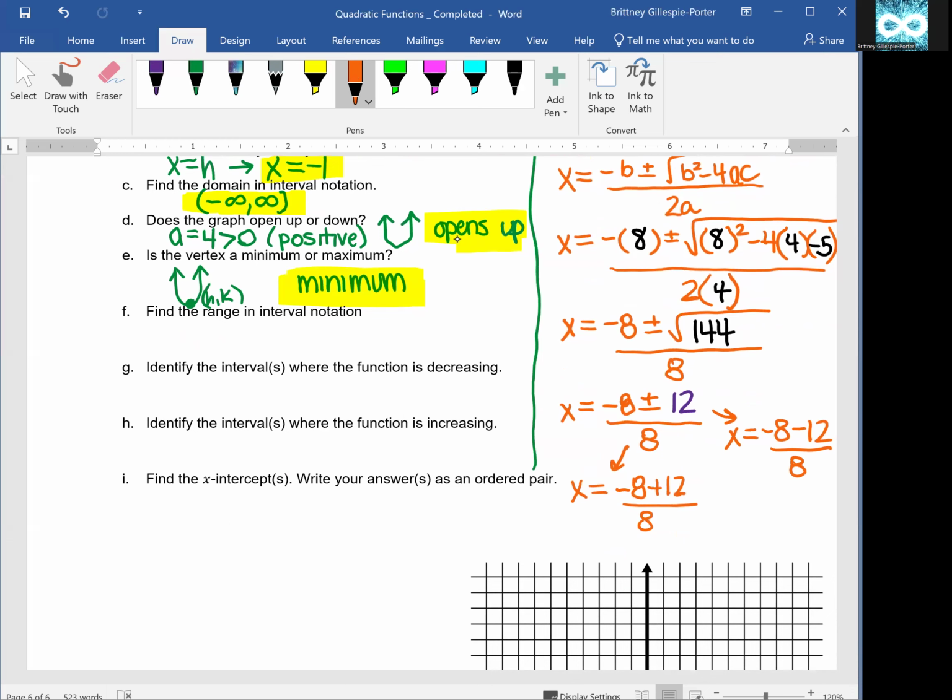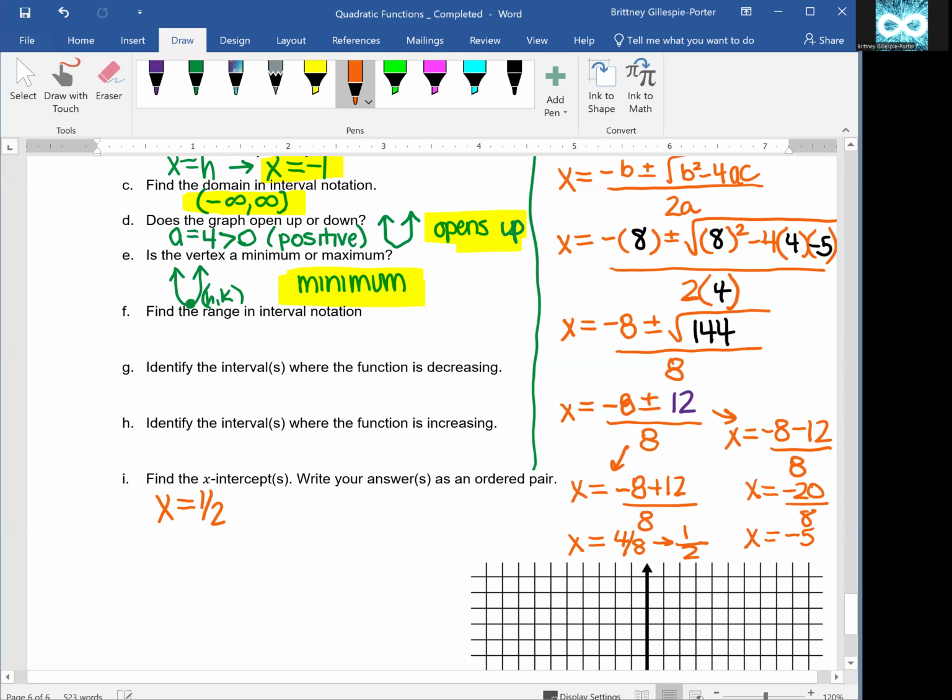In the first one, negative 8 plus 12 gets us 4. X equal to 4/8 becomes 1/2. So our first answer is x equal to 1/2. And then our second one, negative 8 minus 12 gets us to negative 20 all over 8. And then reduce, you should get negative 5/2.